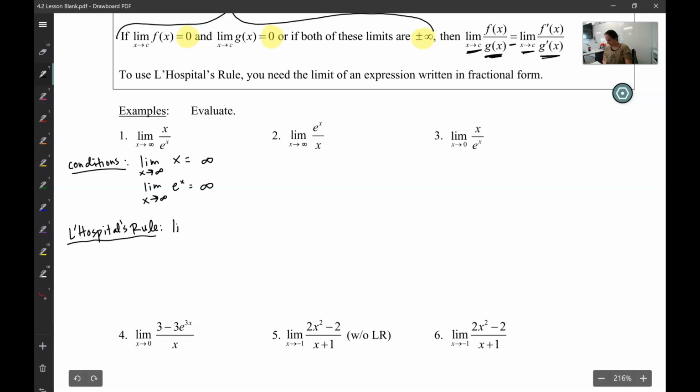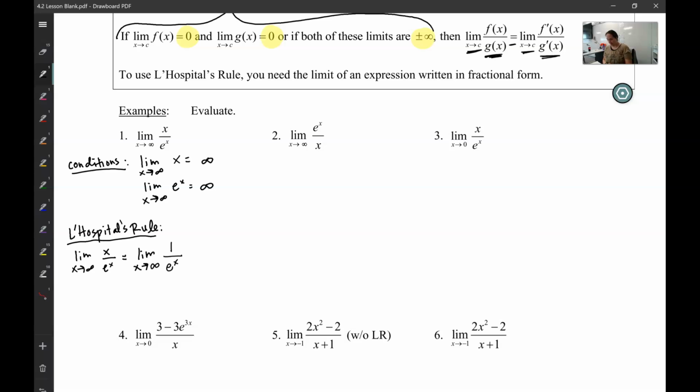So now I can say the limit as x goes to infinity of x over e to the x is going to equal the limit as x goes to infinity of the derivative of both of these. So the derivative of x is 1. The derivative of e to the x is e to the x.